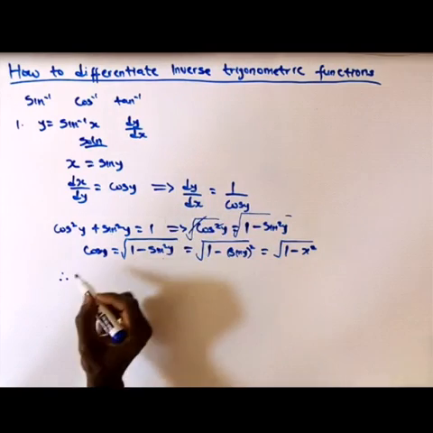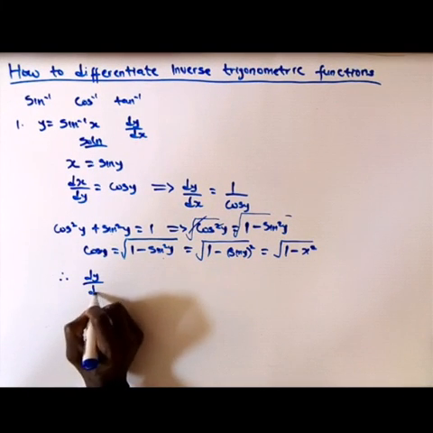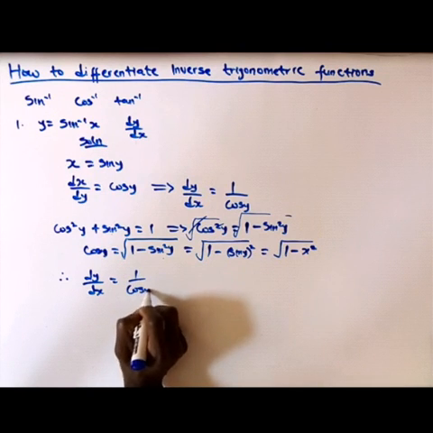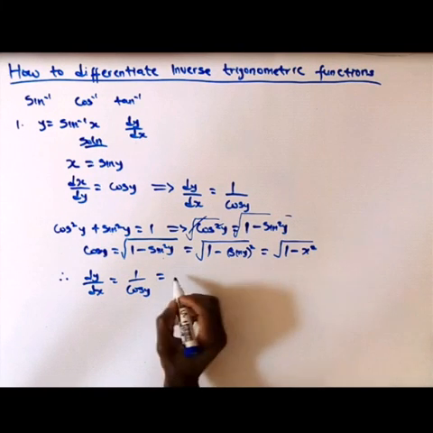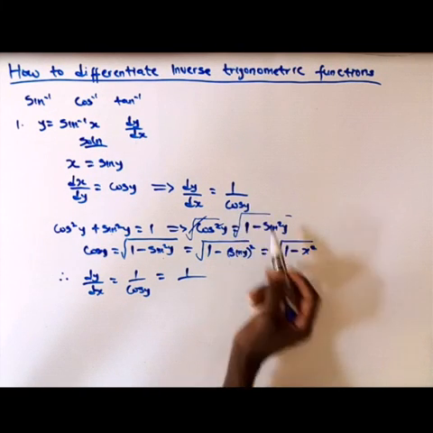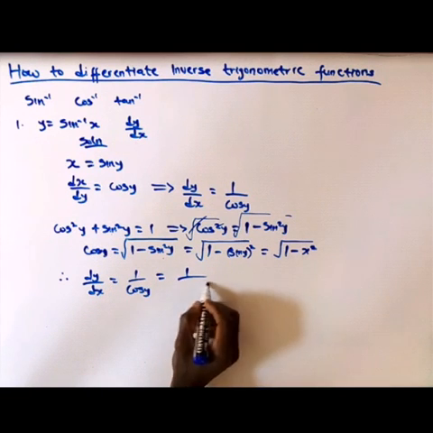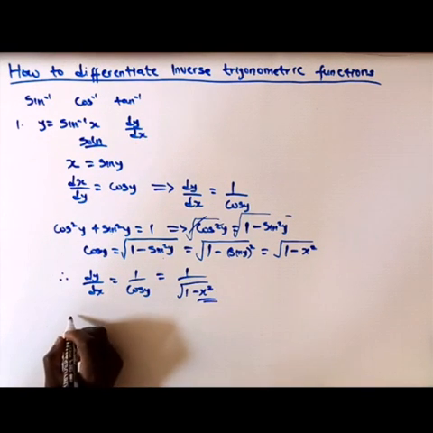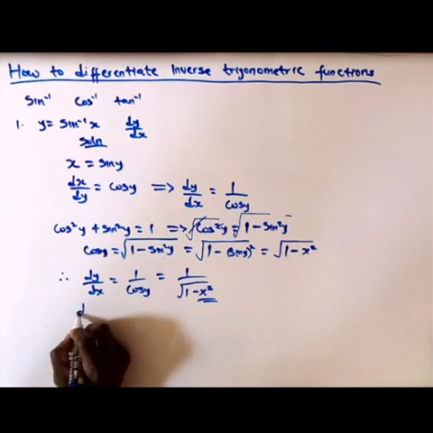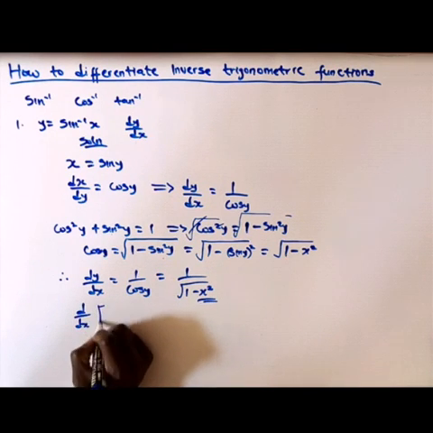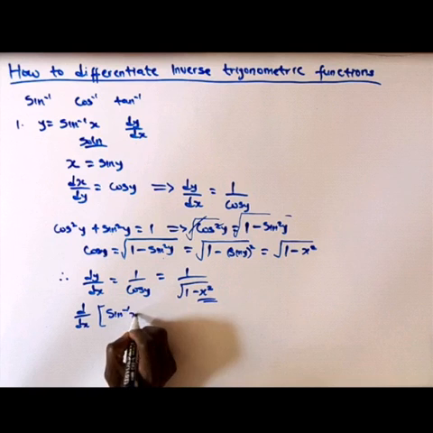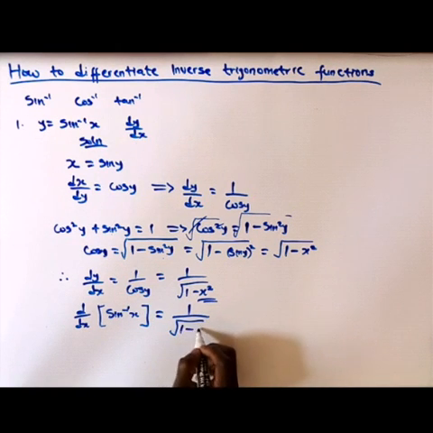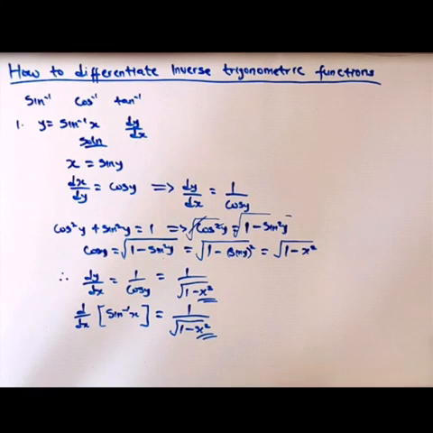Therefore, our dy/ds, which is equal to 1 over cos y, can now be written in terms of s: 1 over the square root of 1 minus s squared. So, in summary, the derivative of sine inverse of s is going to give us 1 over the square root of 1 minus s squared.